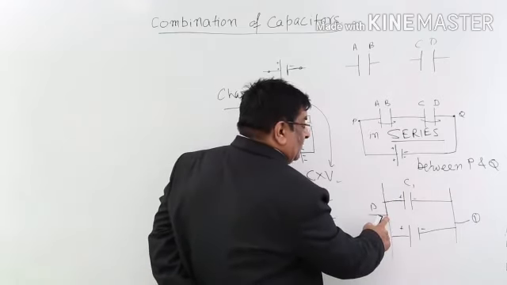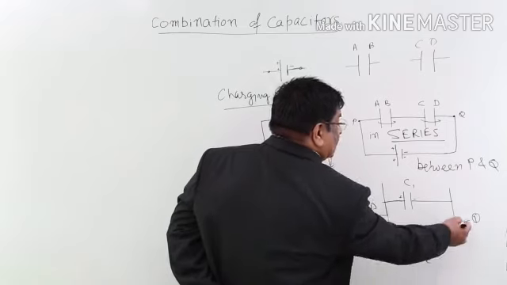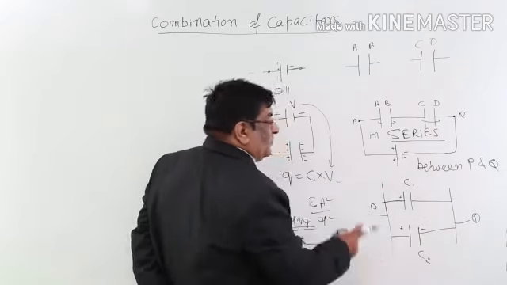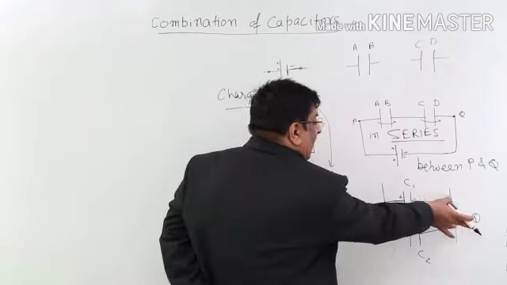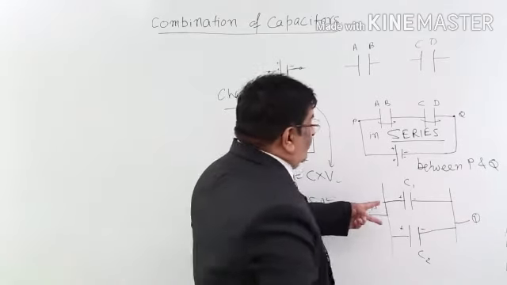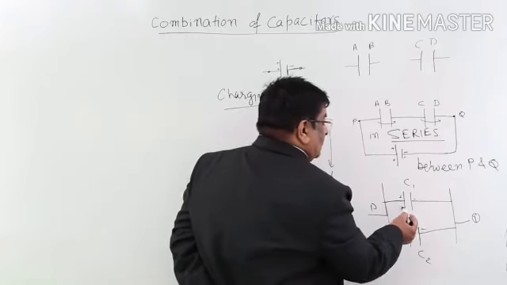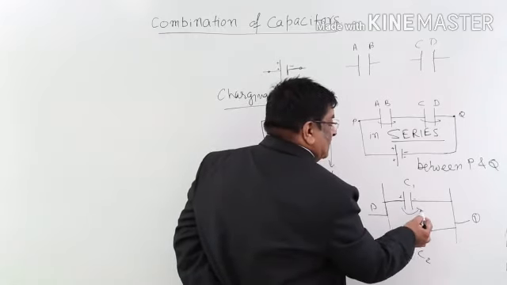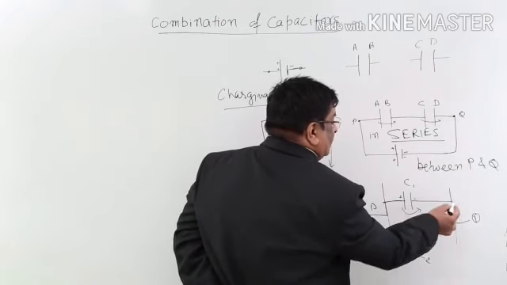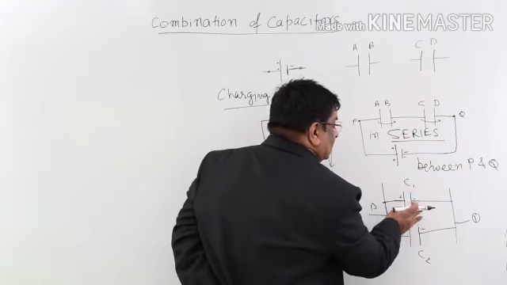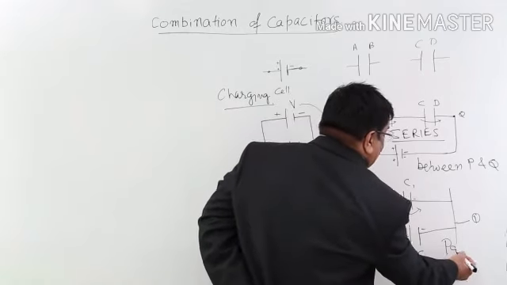Now again I go from P to Q, go here, jump capacitor C2 and reach Q. So from P to Q there are two parallel paths, just like two banks of a river. In one path I have to pass through one only, not two, and here again one only, not two. So these two are connected to each other and this connection is known as parallel connection.